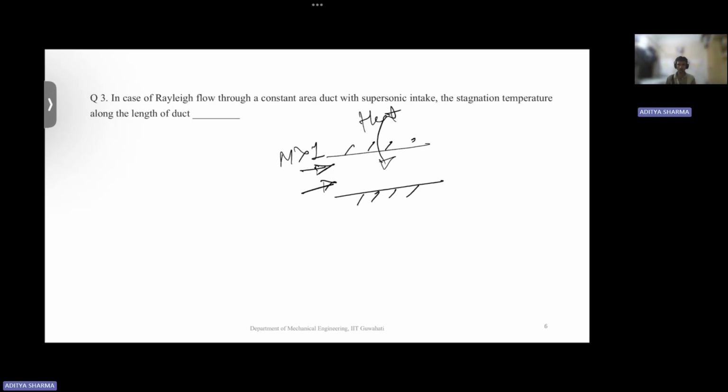For supersonic intake, what happens to the stagnation temperature along the length of the duct? Four options have been given.